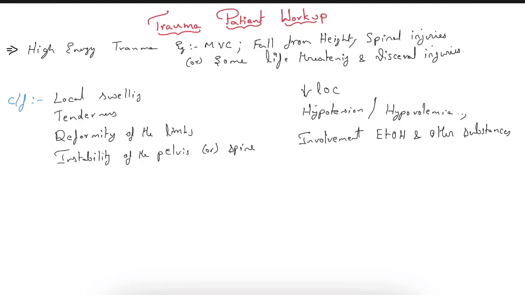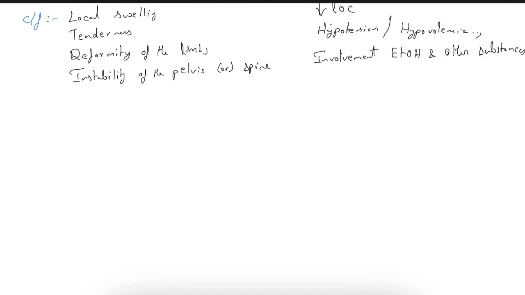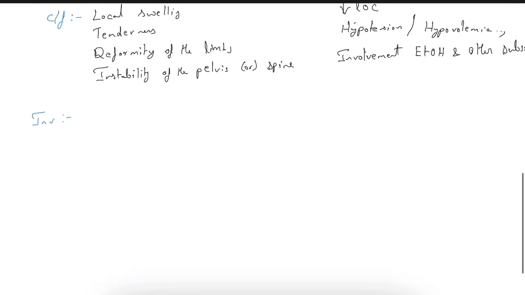Okay, so now we saw the clinical features. So when the patient comes, what are the things we have to do first? We have to do investigation. In investigation, if the patient has any spinal related problems or fracture, then we have to jump directly to trauma survey.